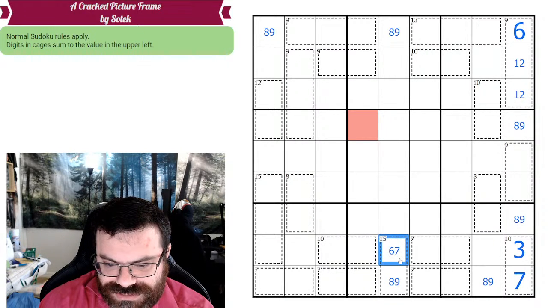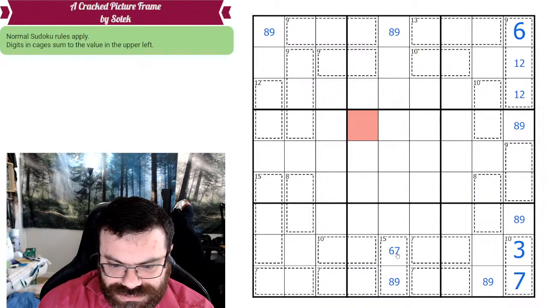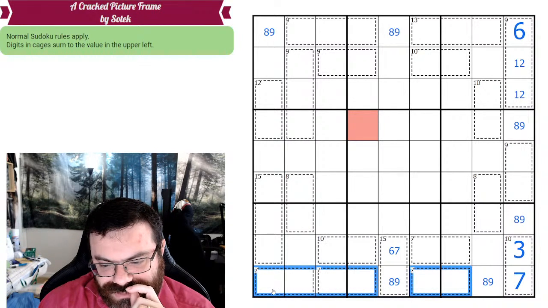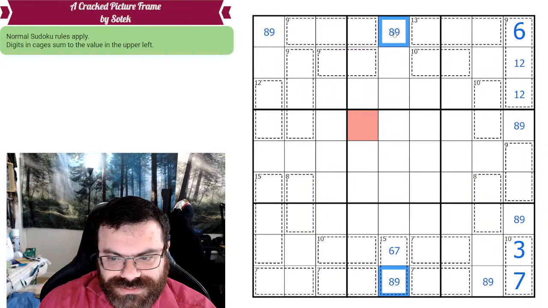That's a 9. That's a 6. So yeah, these are the 3 versions of 7. These are 1, 6, 2, 5, and 3, 4. The 8, 9 pair here.